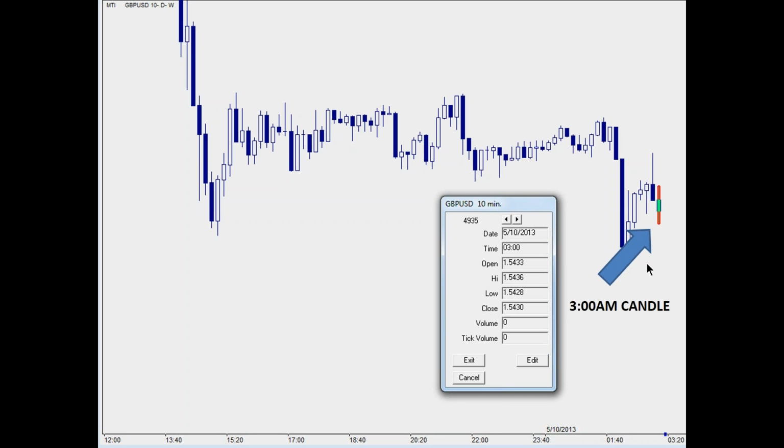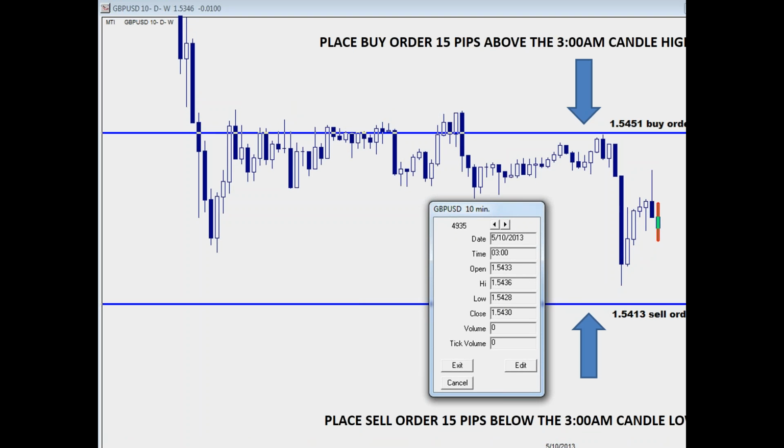It's 15 and 15. Once we have done that, we're going to measure the distance between both of those lines.